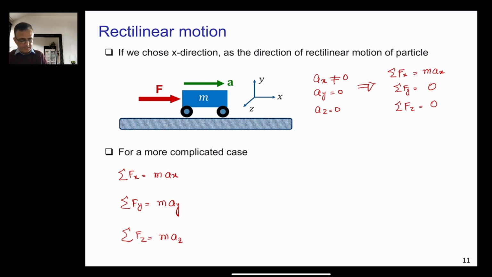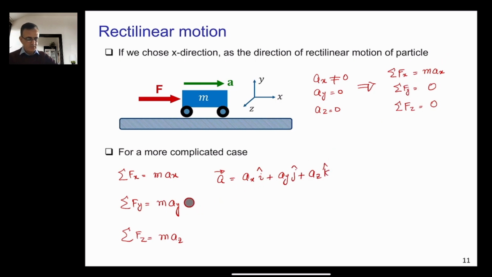And now, again, the acceleration in this case, we can write in this form: AXi plus AYj plus AZk.